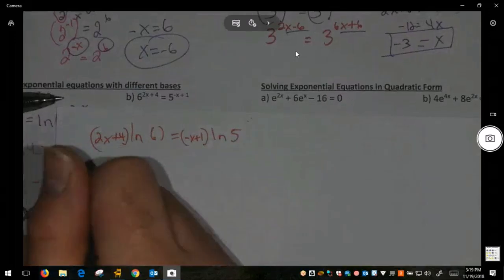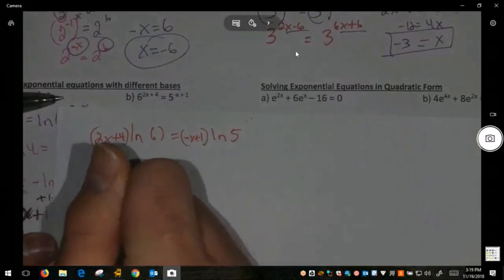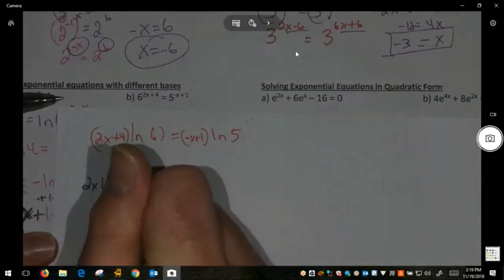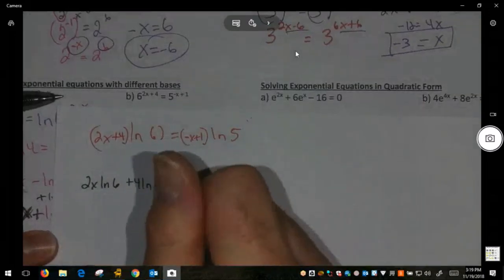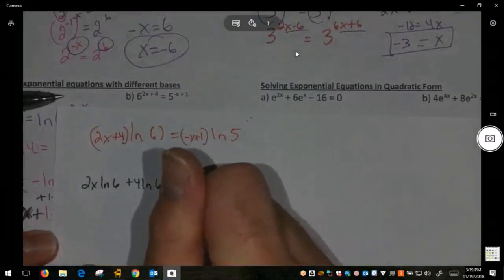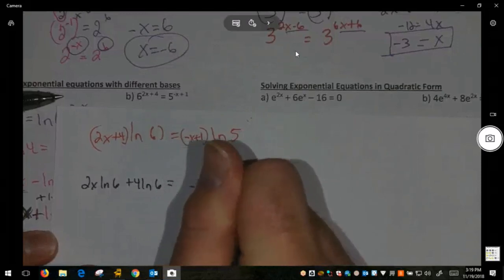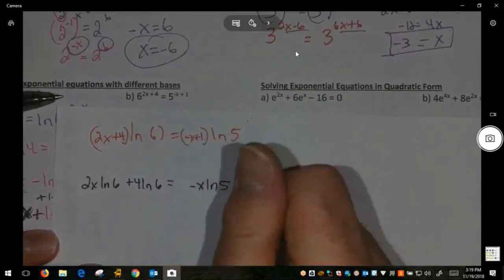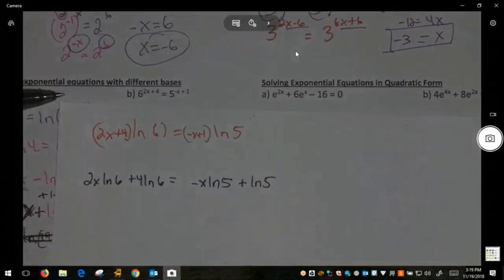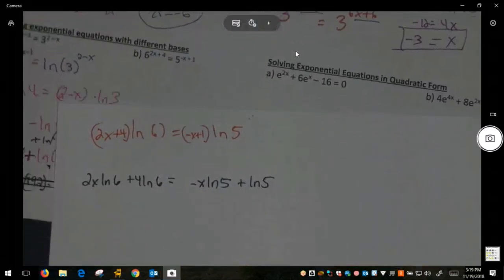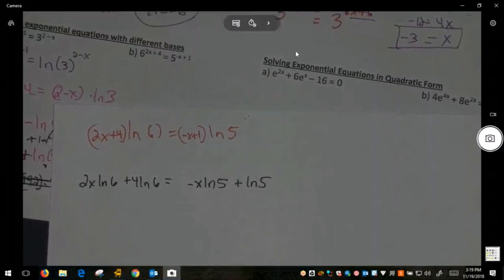So when I distribute this, I have 2x natural log of 6 plus 4 natural log of 6 equals negative x natural log of 5 plus 1 times the natural log of 5. Might be easier to do it this way with the x before the natural log so that you don't accidentally put it inside the log.